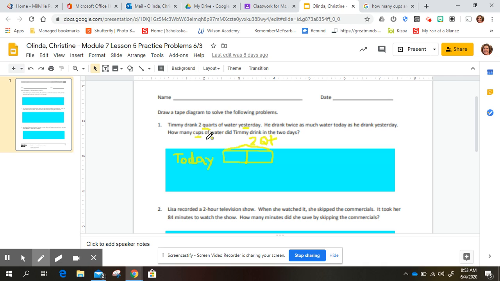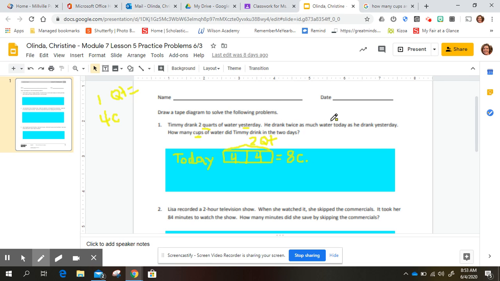And I have learned through my conversions this week that 1 quart is the same as 4 cups. So inside each box would be a 4. So 2 quarts is the same as 8 cups. 8 and then C for cup.